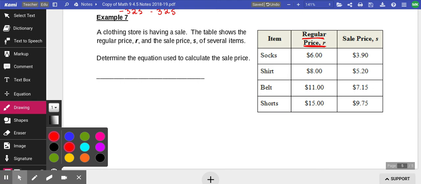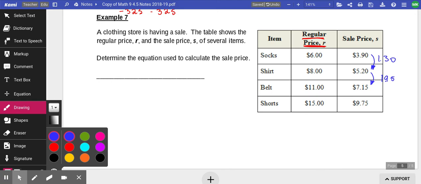Awesome. Our rates this time aren't adding and subtracting. Well, they might be. I guess we'll find out. If you go from 390 to 520, if you were to try to subtract that, let's see if we can find a pattern that way, because that's what we've been trying. And maybe it works, maybe it doesn't. That would be $1.30. If you went from 520 to 715, that's going to be $1.95.